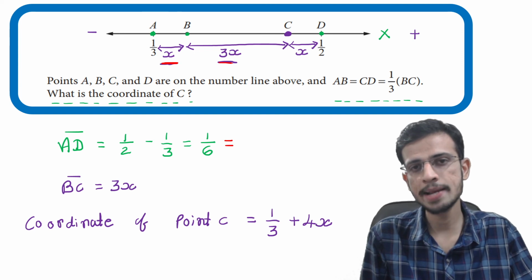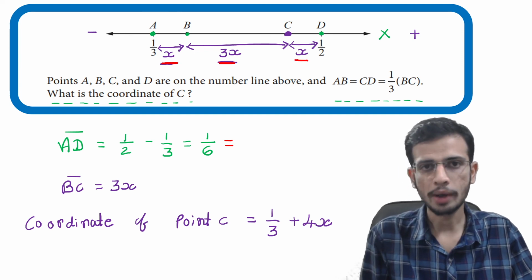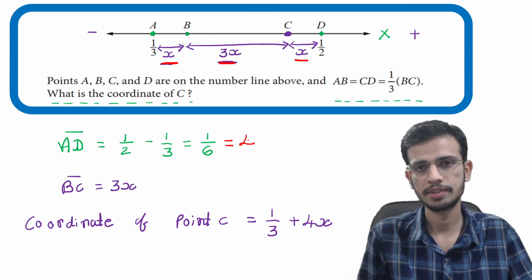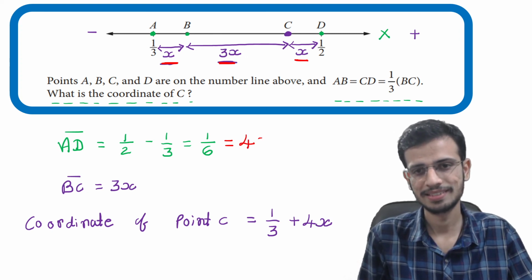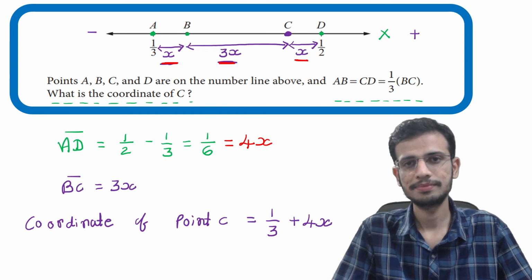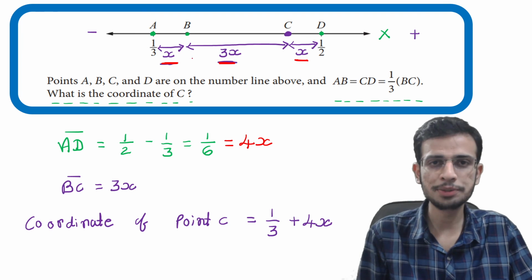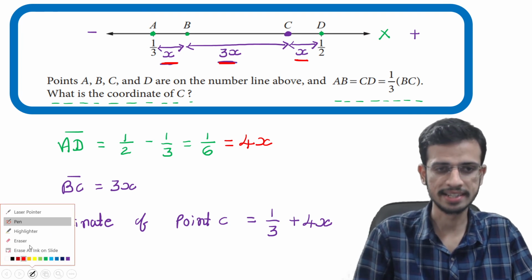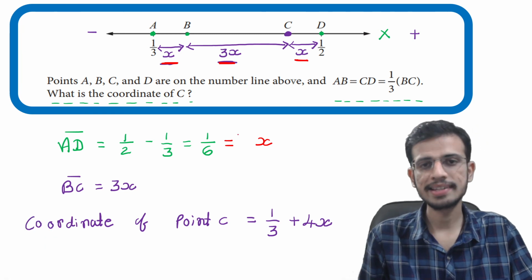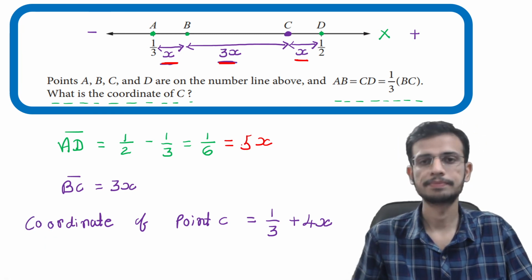What is the length of the AD portion in terms of x? So x plus 3x plus x, sorry, that will be 5x. The length of the AD portion is equal to 1 by 6 is equal to 5x.